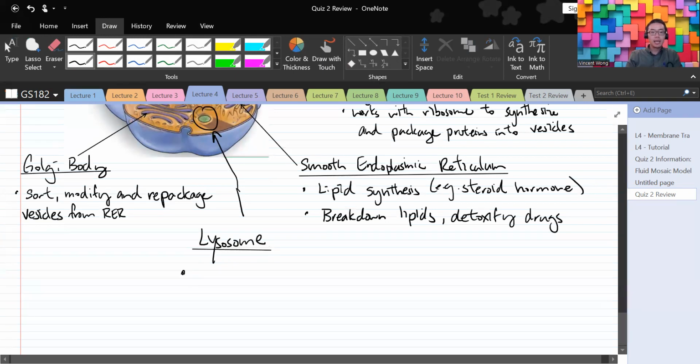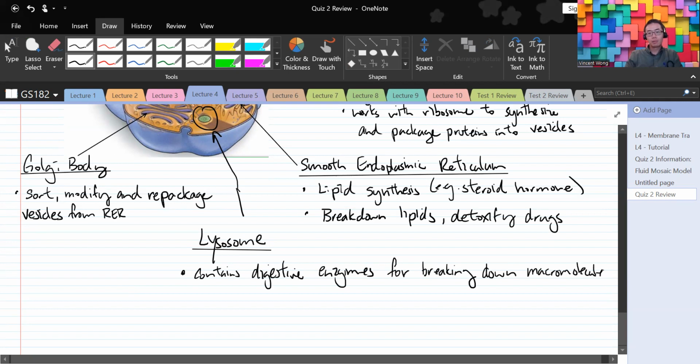Number 1, it contains digestive enzymes for breaking down macromolecules. In class, we talked about diseases that would happen if the digestive enzymes were missing or not functioning. Don't worry about the diseases. I won't test you on that. What's another function of the lysosome?